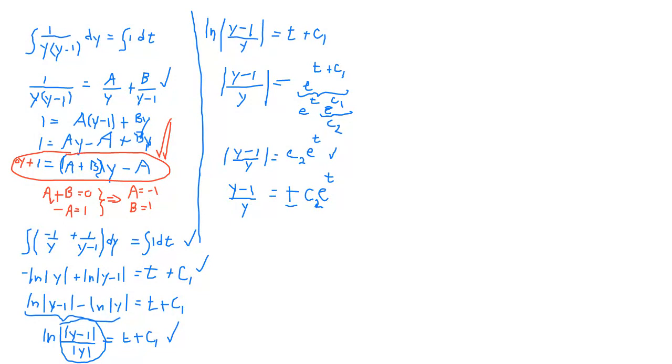The plus or minus C2 part I'll call now C. And so I have y minus 1 over y equals C times e to the t.